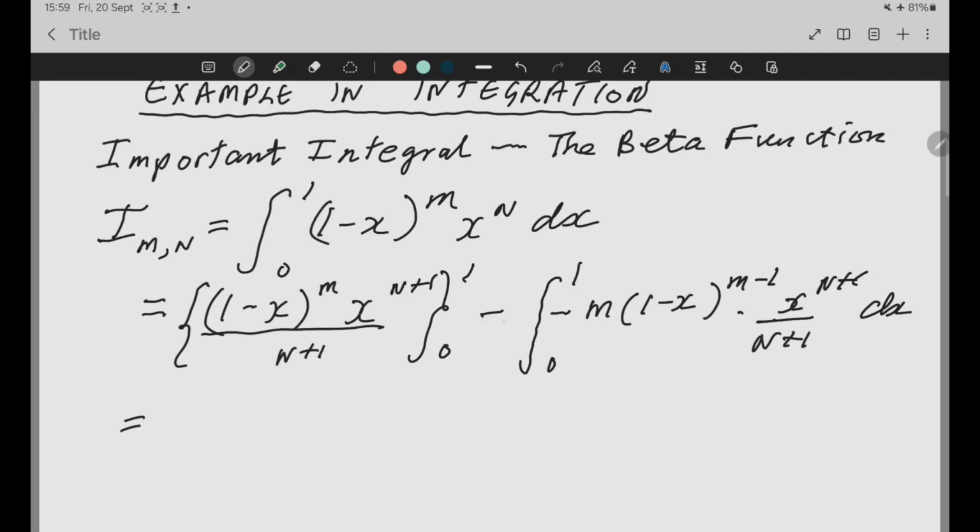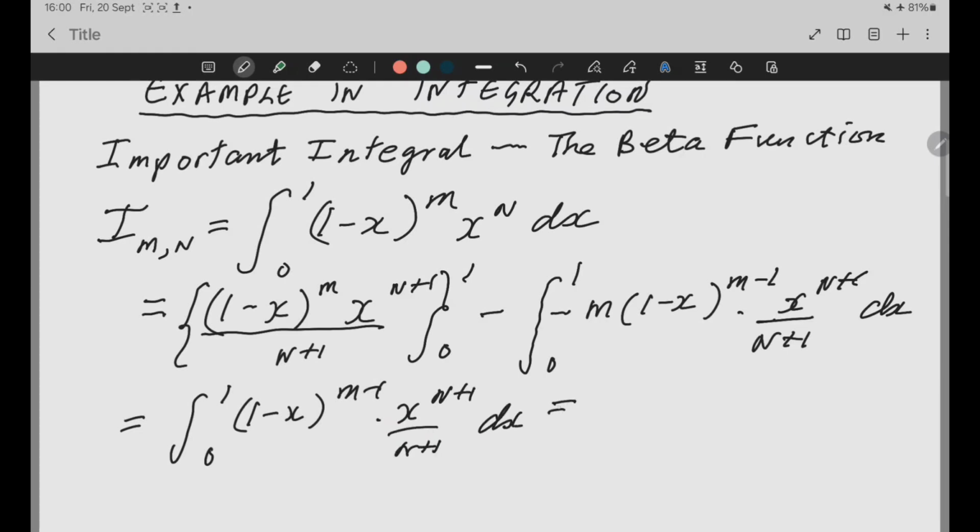For the second integral, you've got minus minus, which will make it a plus. So that will be (1 minus x)^(m-1) times x^(n+1) over n plus 1 dx, which you can denote in the way that I've started it off as, I missed out an m somewhere.